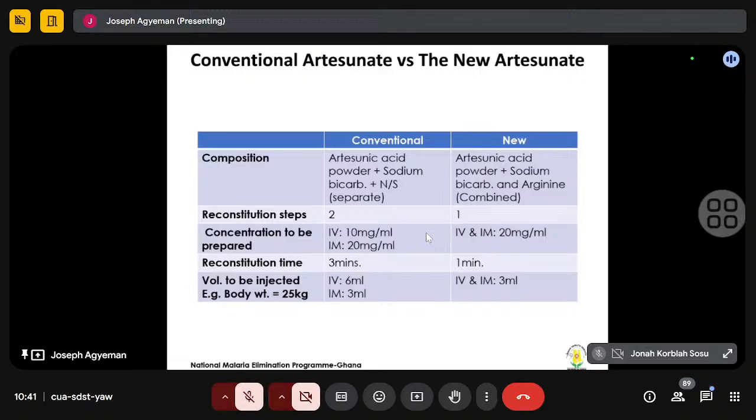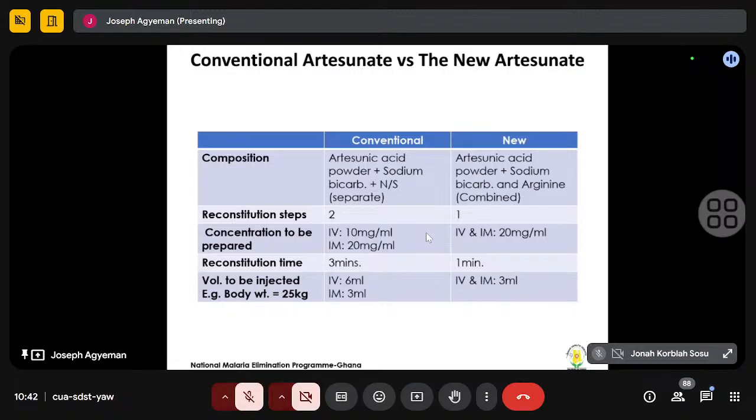So the advantage here is that with the new one, be it IV or IM, it doesn't matter. You are targeting the same concentration, and that is 20 milligrams per ml. So you don't need to ask, am I doing IM or IV? Which concentration should I prepare? With the new one, all routes, same concentration to prepare, 20 milligrams per ml.